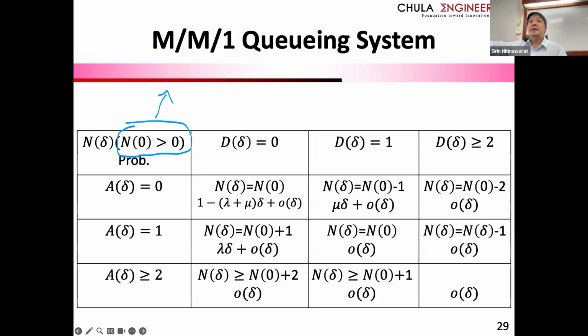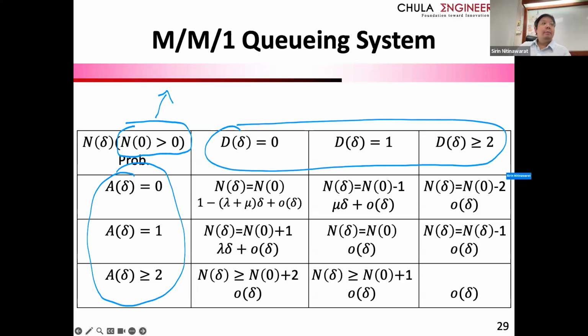In which case, there could be either a new arrival or a departure, right? So that means, remember there are three possibilities, right? In asymptotic for arrival: none, one, or more than one, for very small delta. Similarly, for departure, there could be three possible outcomes, right?